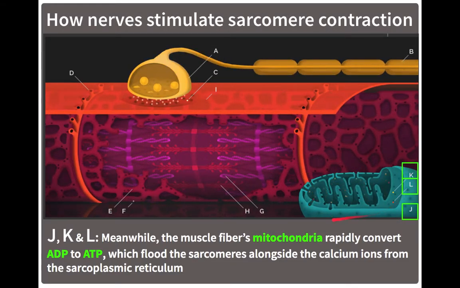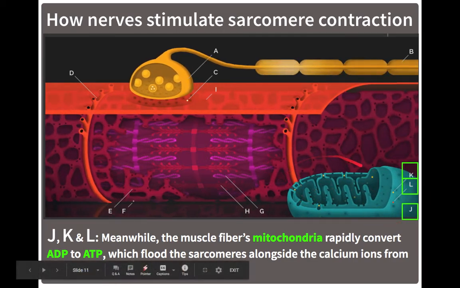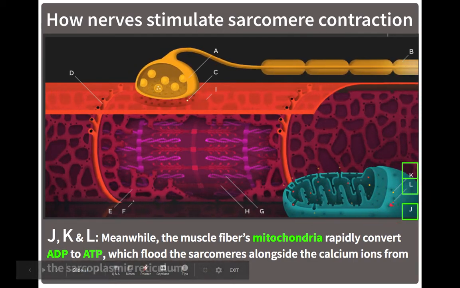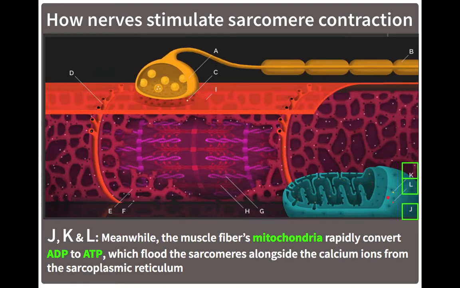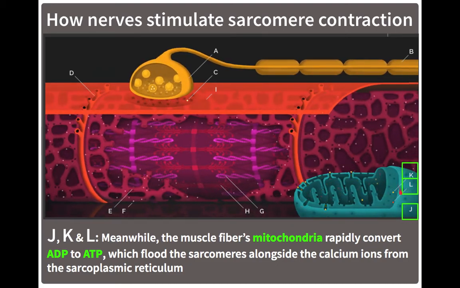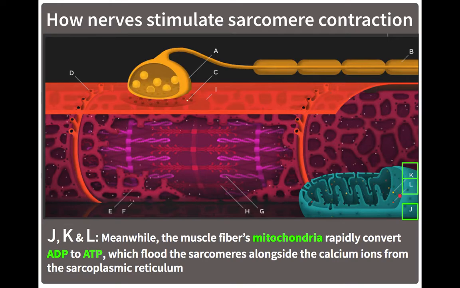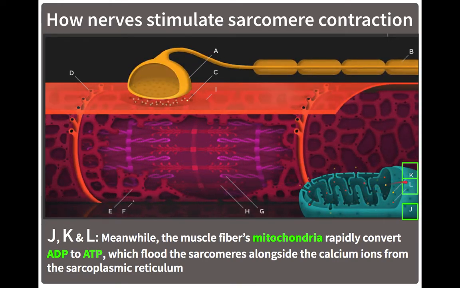At the same time, you have this mitochondrion here that is converting ADP, which is shown in orange, into ATP, which is shown in, I guess, a lighter orange. And so now you have all of these mitochondria everywhere throughout the entire muscle fiber, just producing tons of ATP.